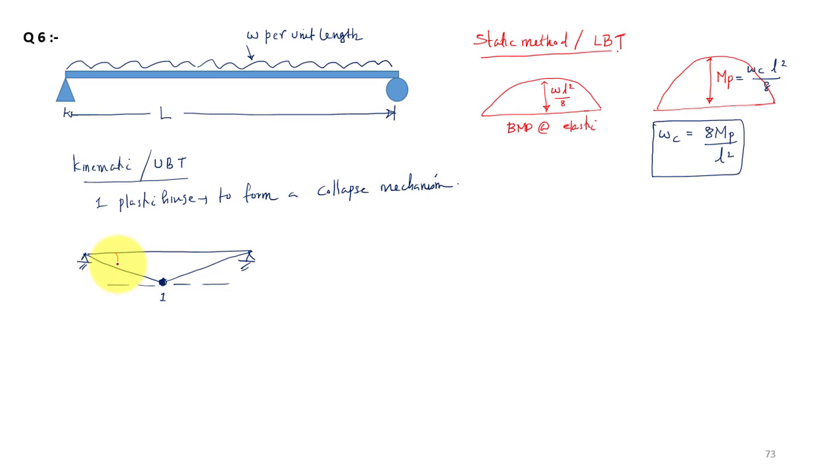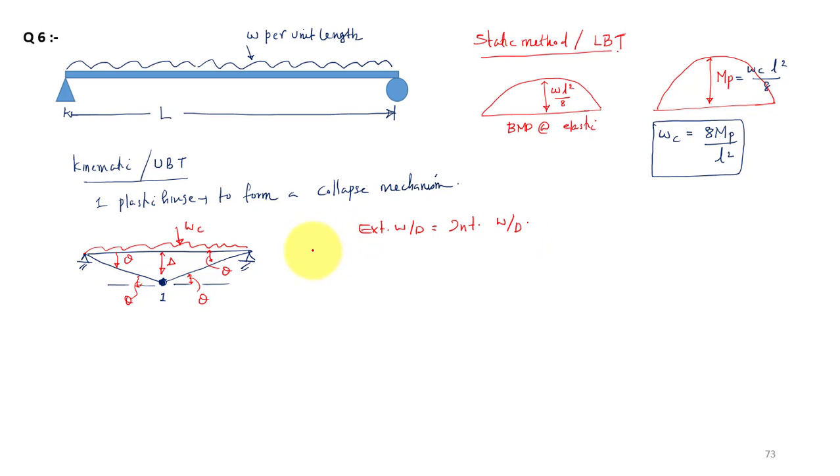Let us take this angle as theta, and this one also will be theta, and all these angles will be theta. And then I have the load. This is my collapse load intensity WC, and this distance is delta. Now we can use the work principle, that is the external work done equal to internal work done.